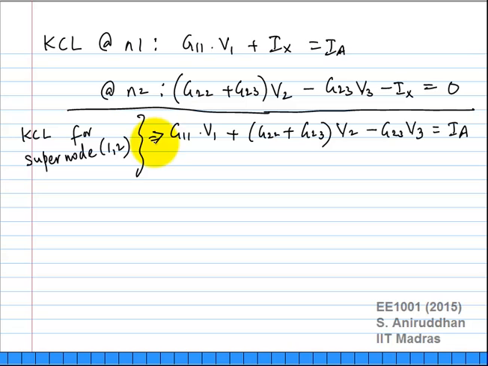You would have ended up with this equation if you had written KCL for the super node.